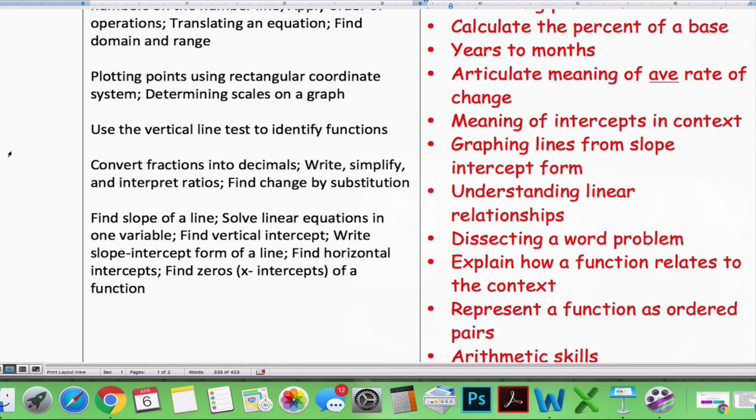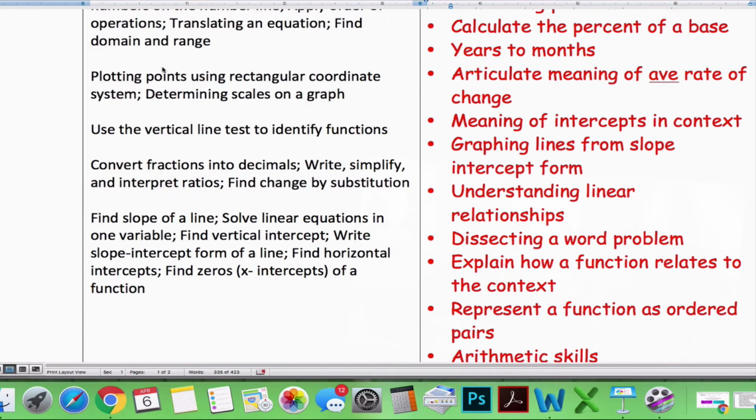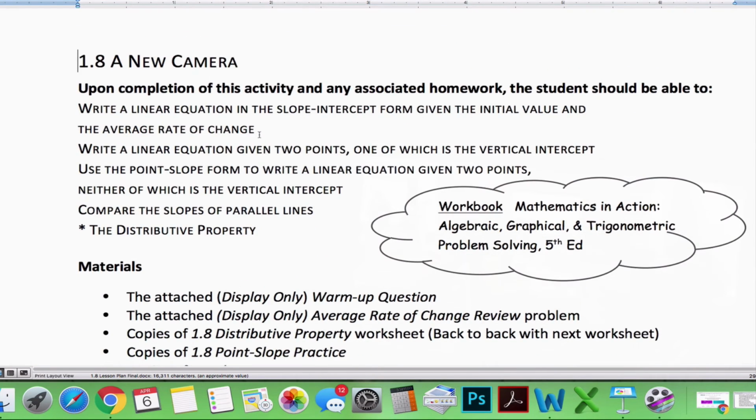Okay, so what you'll see in this now, in our lesson plans, I think they've changed it. You guys have to realize you're only seeing the first 2 pages, the first part of a 4-part lesson. 1.8 is a 4-part lesson.